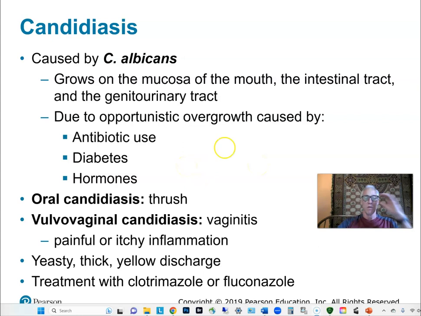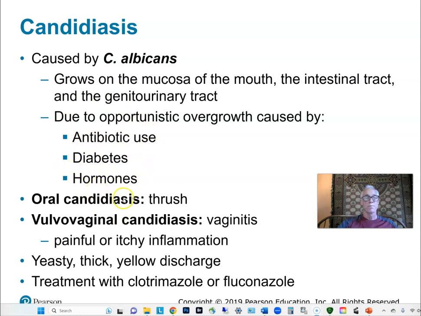So how do you get overgrowth of Candida albicans? Antibiotic use. The bacteria that are keeping them at bay, such as lactobacillus, can be killed off by antibiotics in different compartments of the body, the oral cavity as well, and that allows the yeast to grow, and they start causing inflammation. Diabetes, certain hormones.